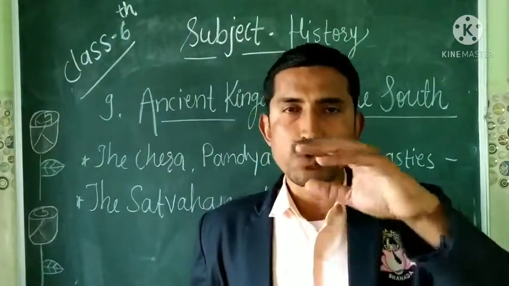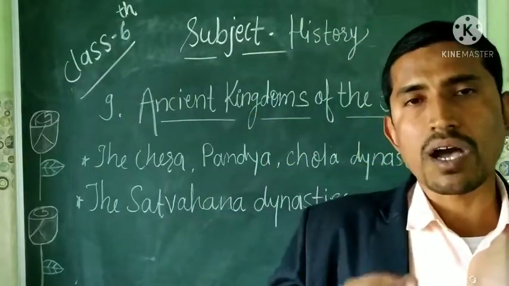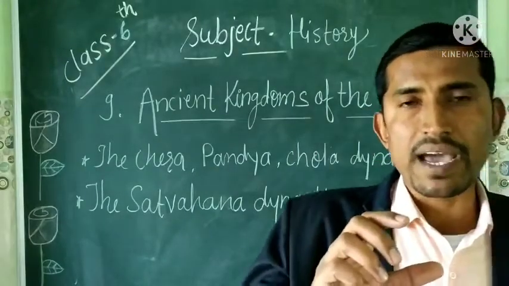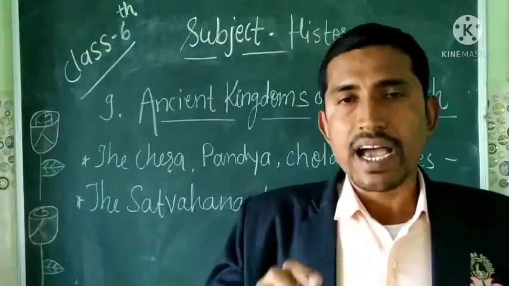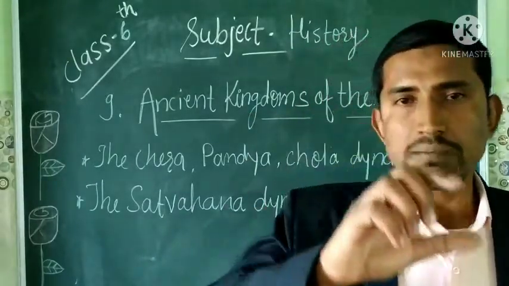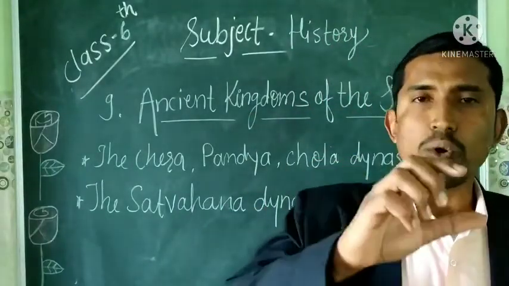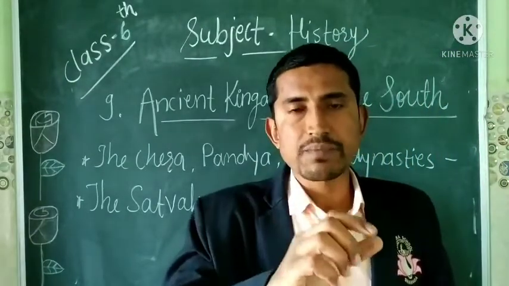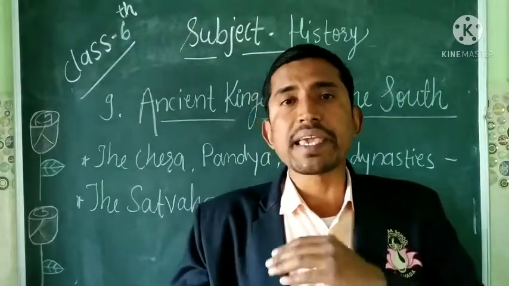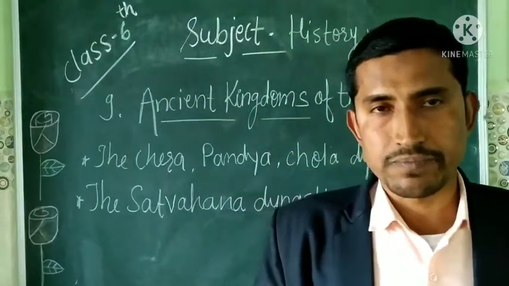As I told you, the Maurya Empire was one of the major empires of India, and with its decline, some local kings in Maharashtra, Andhra Pradesh and Karnataka became independent.